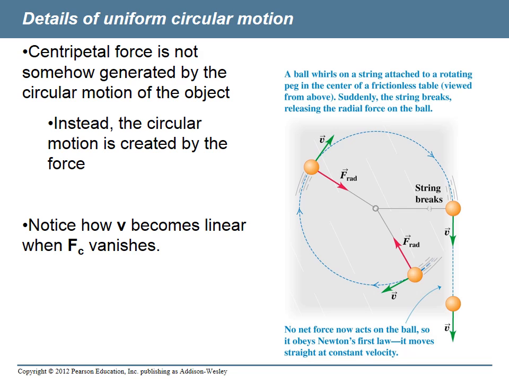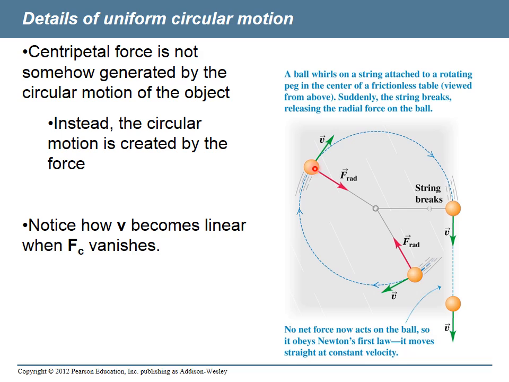The reason for it to be in a circle is because there's a force acting on it to pull it in towards the center. That radial force, or centripetal force, that center-seeking force, means going towards the center. It's always trying to turn in towards the center.